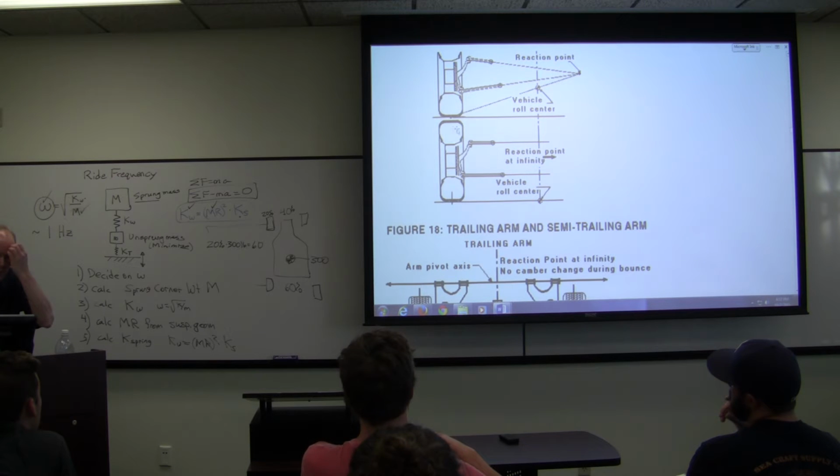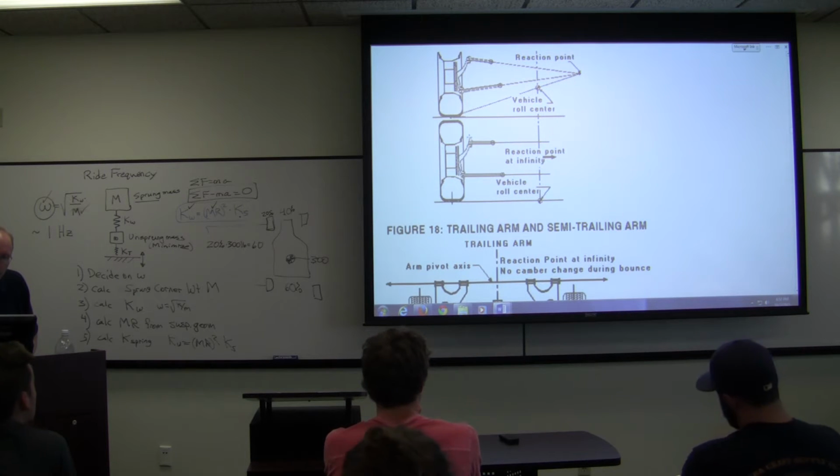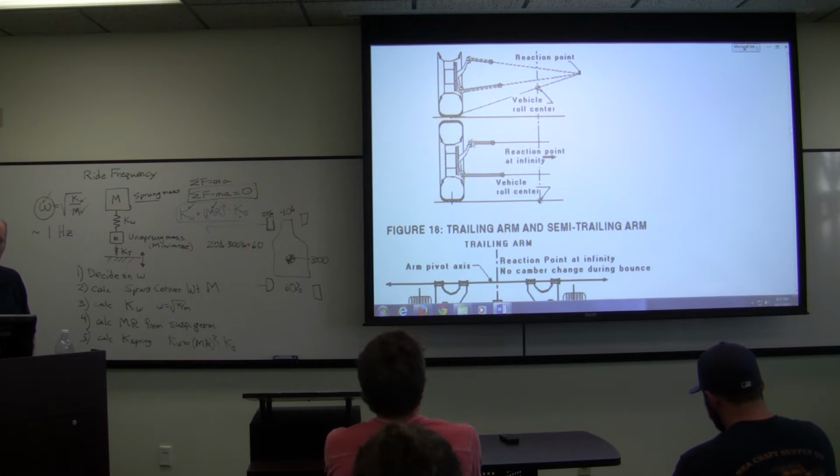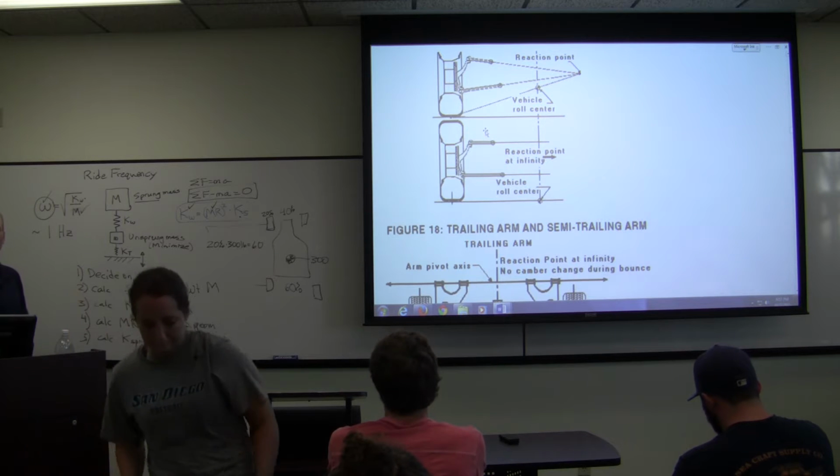So the unsprung mass would be the tire, the rim, the hub, the brake disc, the upright here, and then typically what you do is take half of the A-arm weight and you proportionalize the spring and the shock weight. Or you could just take half of those two.